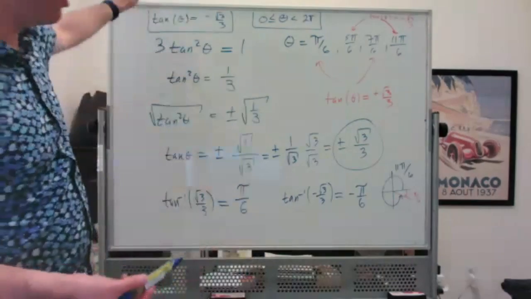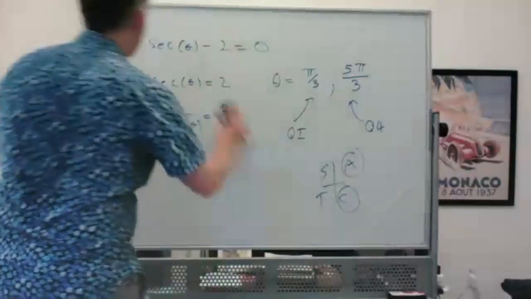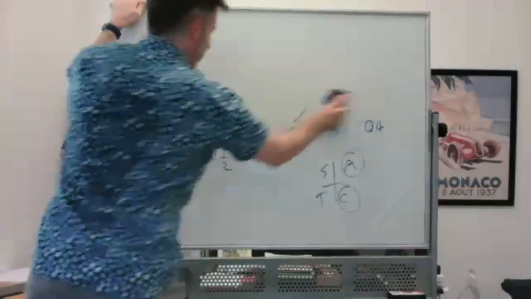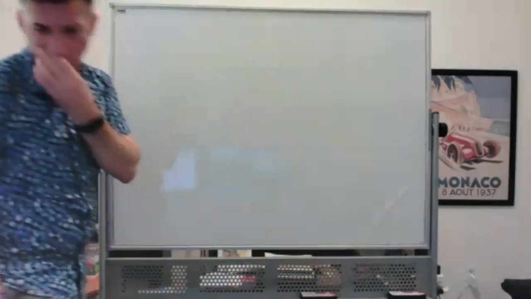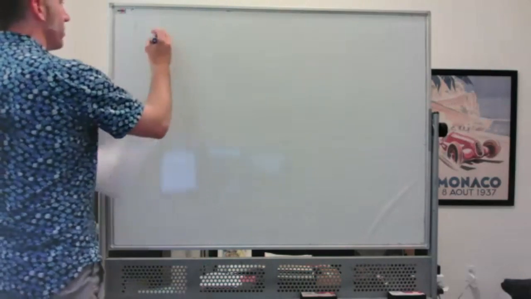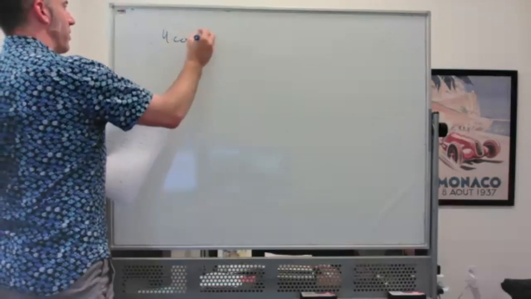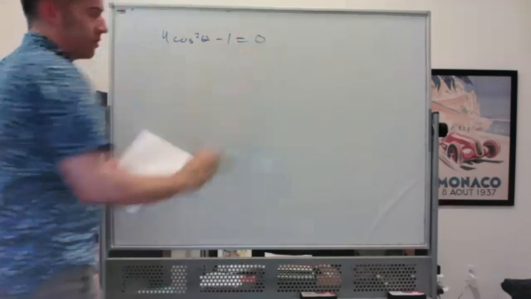Let's take a look at a couple more. I'm going to skip the next one because it's very similar to what we've just been doing. Actually, I'm not going to skip it. I'm going to start, but not finish it. Let's say we were trying to solve 4 cosine squared theta minus 1 equal to 0.